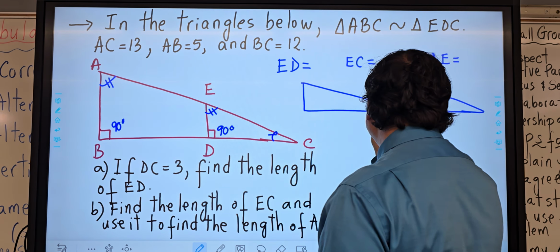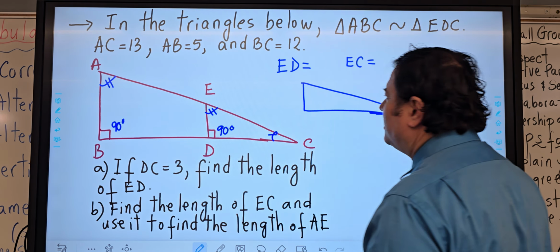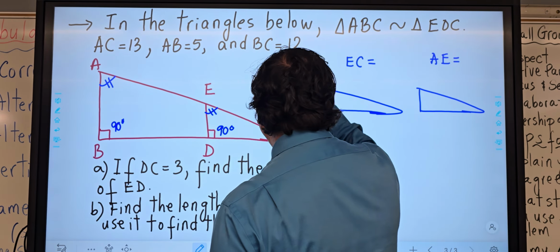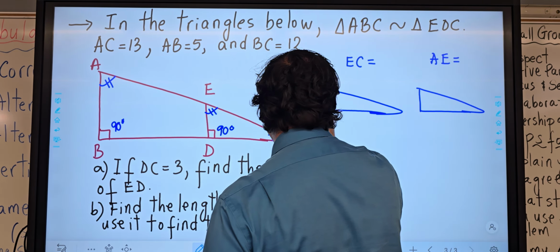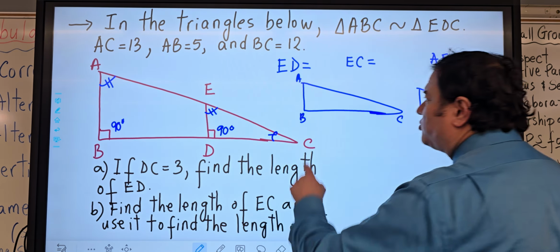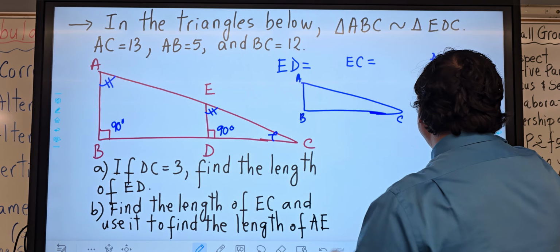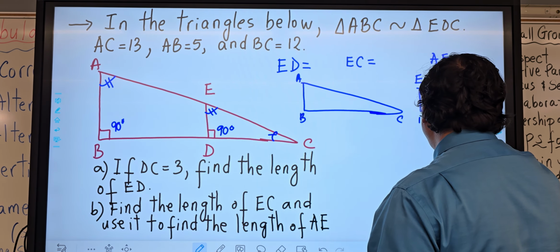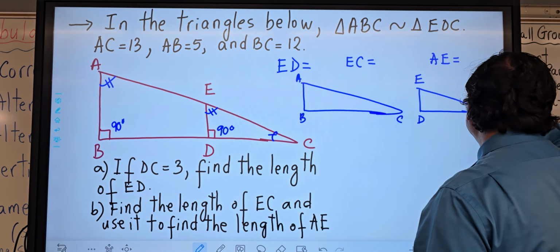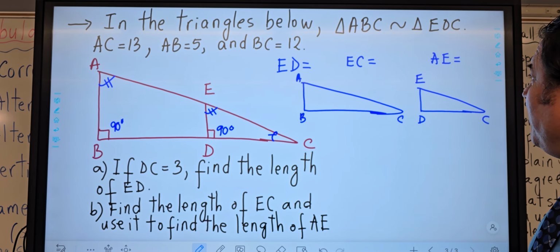Sorry for my drawing. The bigger triangle is ABC, and the other triangle is EDC. Let's label what we get.